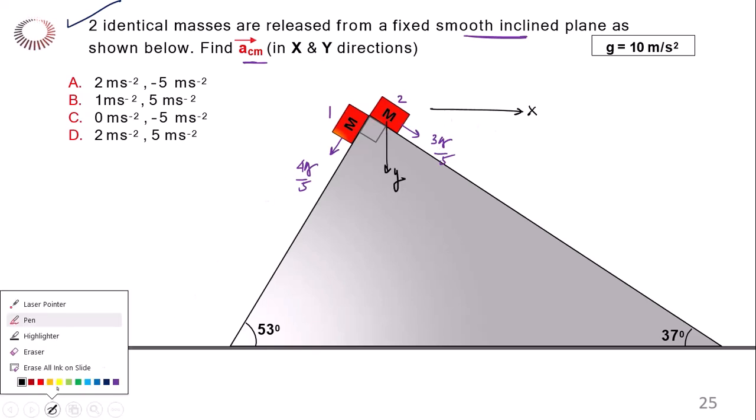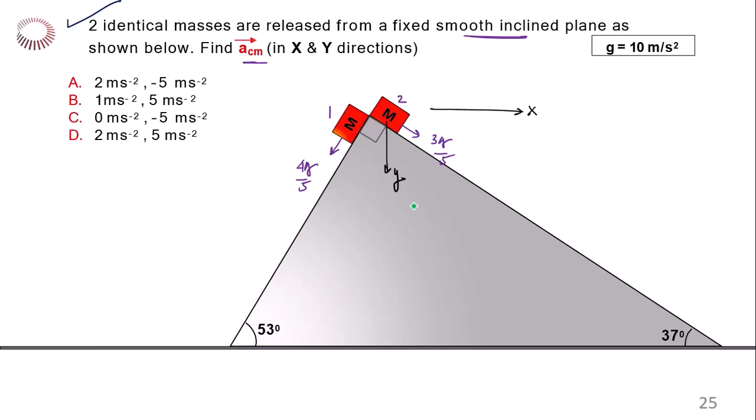Along the x direction, 3g by 5 cos 37, so 3g by 5 into 4 by 5 means 12g by 25. Similarly, 3g by 5 sin 37, 3g by 5 into 3 by 5, is 9g by 25. These are the two components of the acceleration 3g by 5.